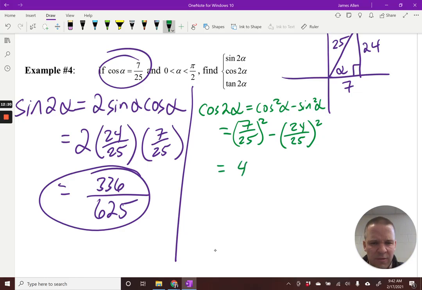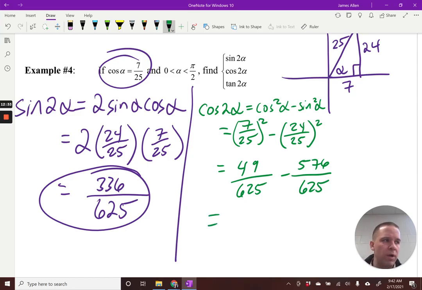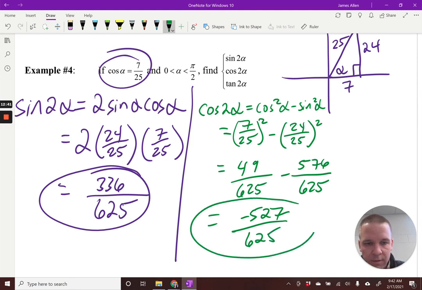I got 49 over 625 minus, I think that's 576 over 625. Double check. Yes. Got to know the perfect squares. So now I end up with negative 527 over 625. Lovely. Fantastic. And again, you would have gotten the same answer with any one of those three.